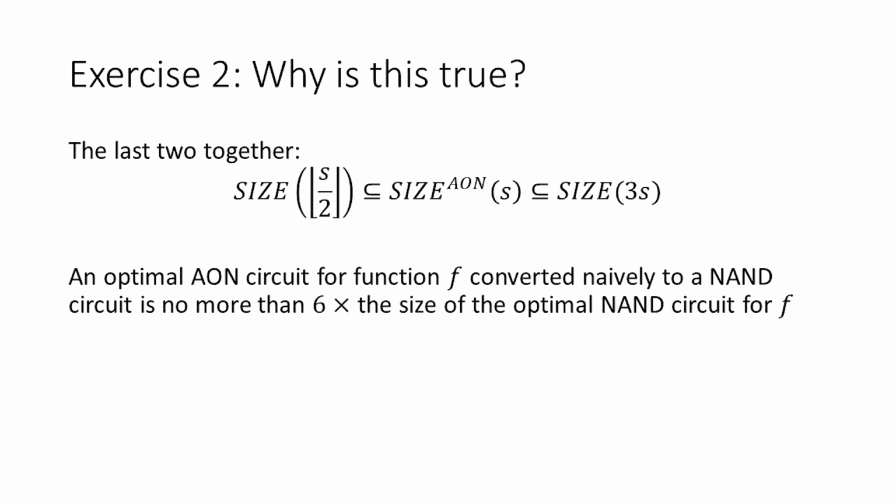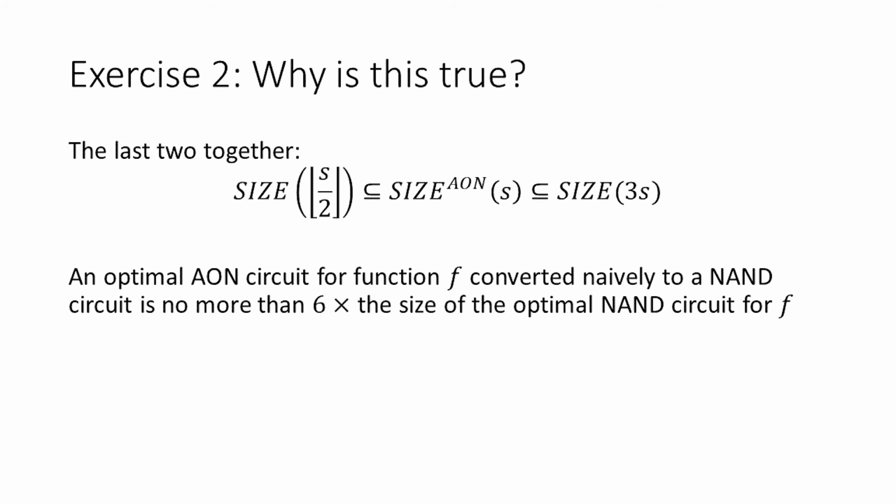So now, as a final exercise for you, just to make sure that you can check your understanding about how we can actually use these complexity classes in order to make some pretty big statements. Here I've brought in the last 2 theorems together, so we know that size of S over 2 is a subset of size AON of S, which is a subset of size of 3S.